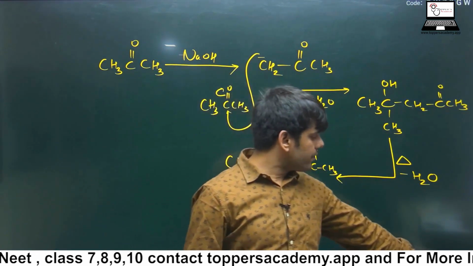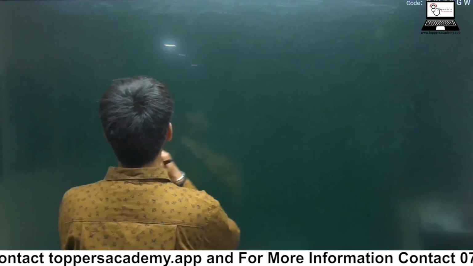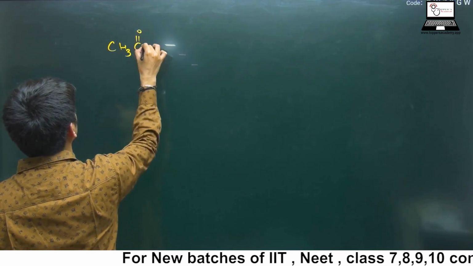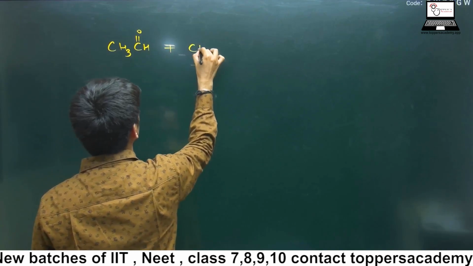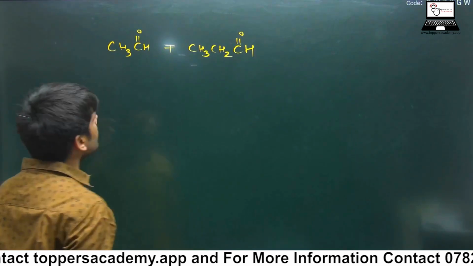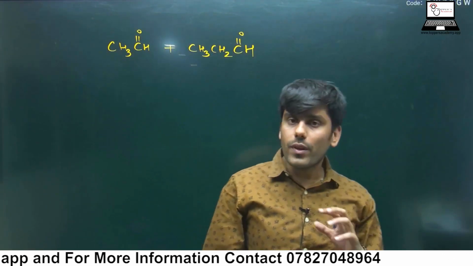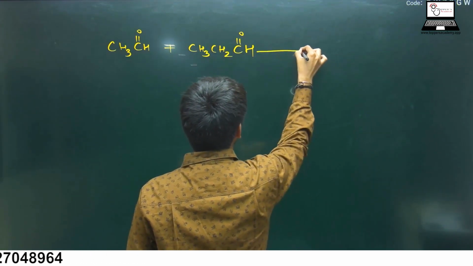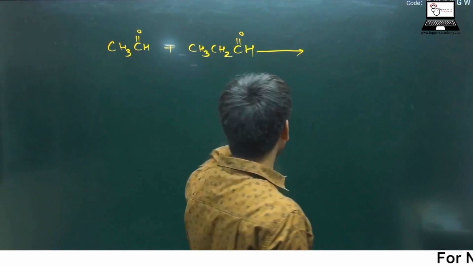Now if you see carefully, for example, if I take two different aldehydes and both contain alpha H, for example ethanal and propanal, what happens in that case? Both are having alpha H. So I end up getting combinations.